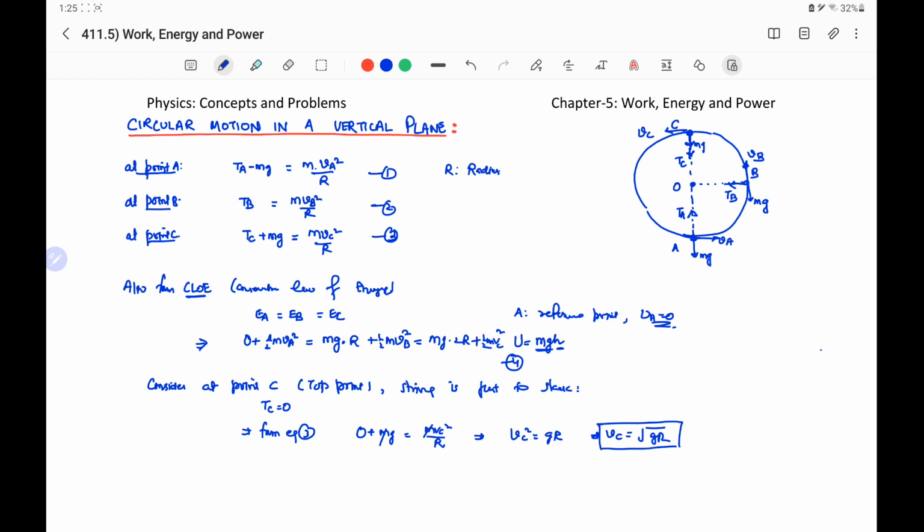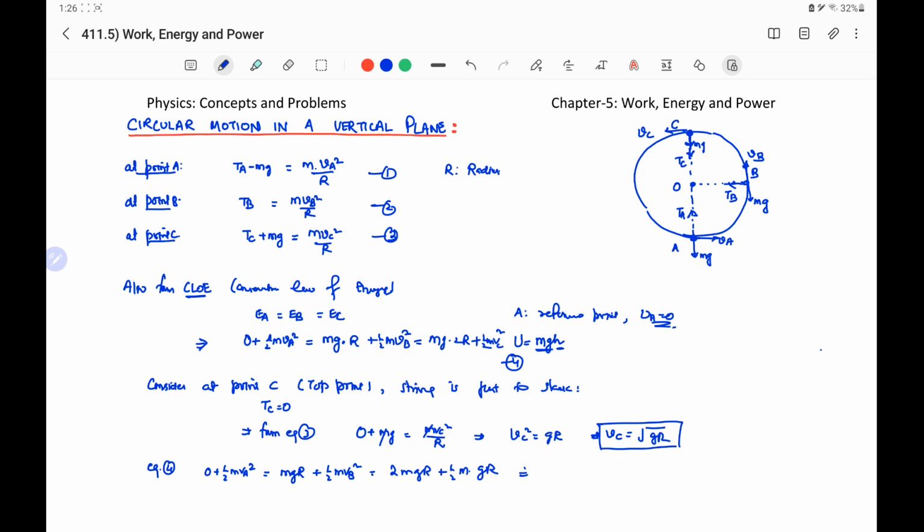Now using equation number 4, we can find the velocities at points A and B. So we can write 0 plus half mva square will be equal to mgr plus half mvb square, and it will be equal to 2 mgr plus half m vc square, where vc square is gr.